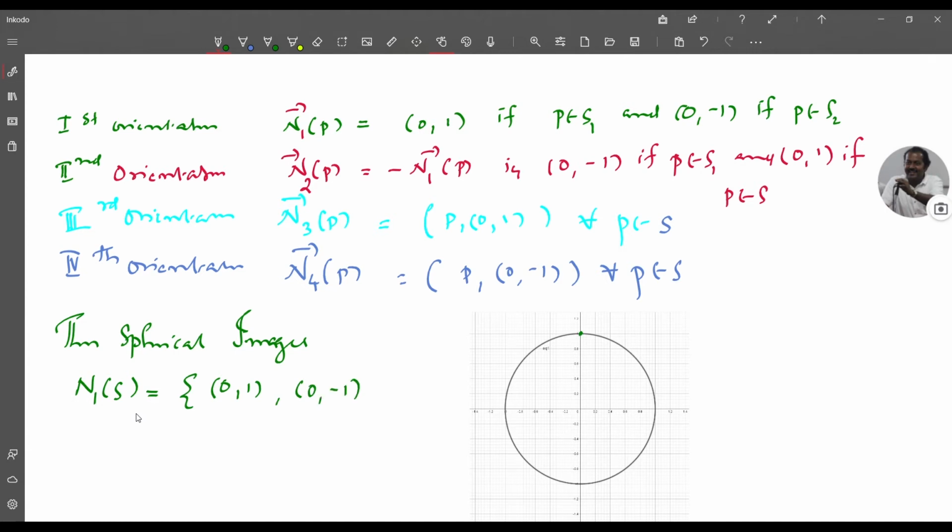This is the spherical image corresponding to the first orientation. And n2 of S, the spherical image corresponding to the second orientation, is also {(0, minus 1), (0, 1)}. So that is these two points.